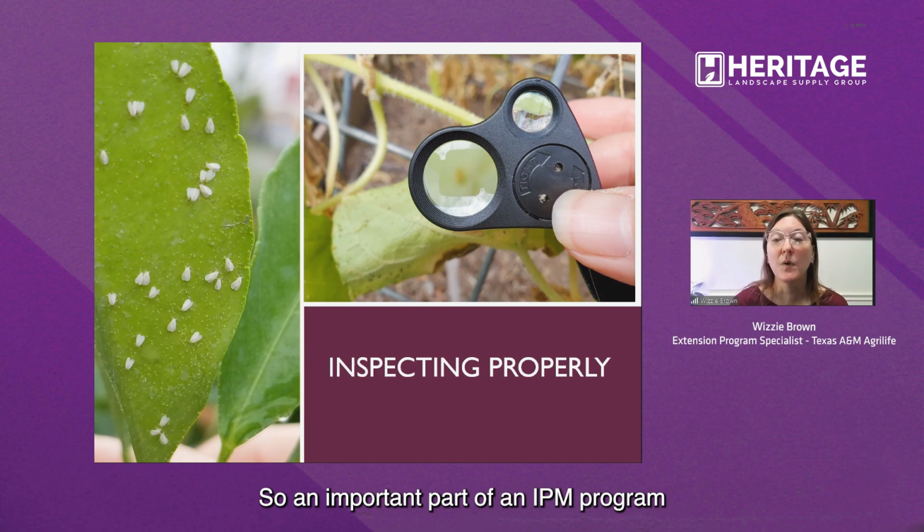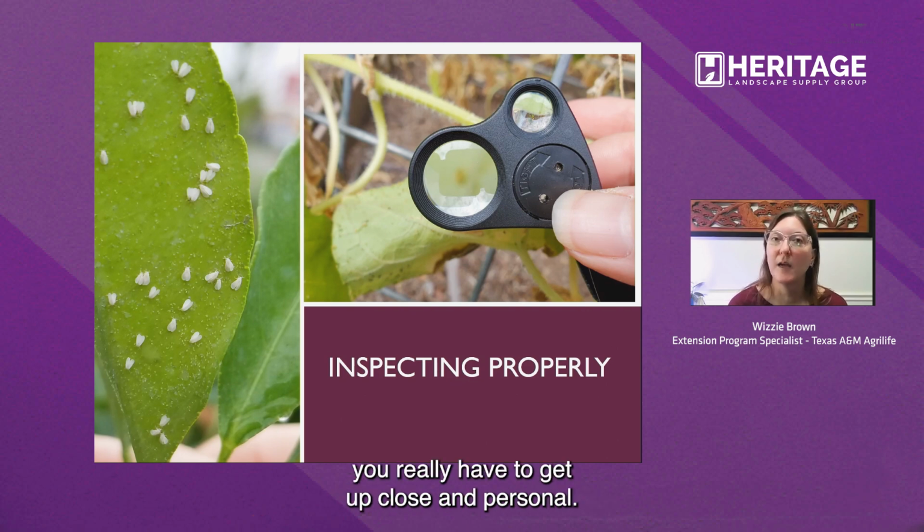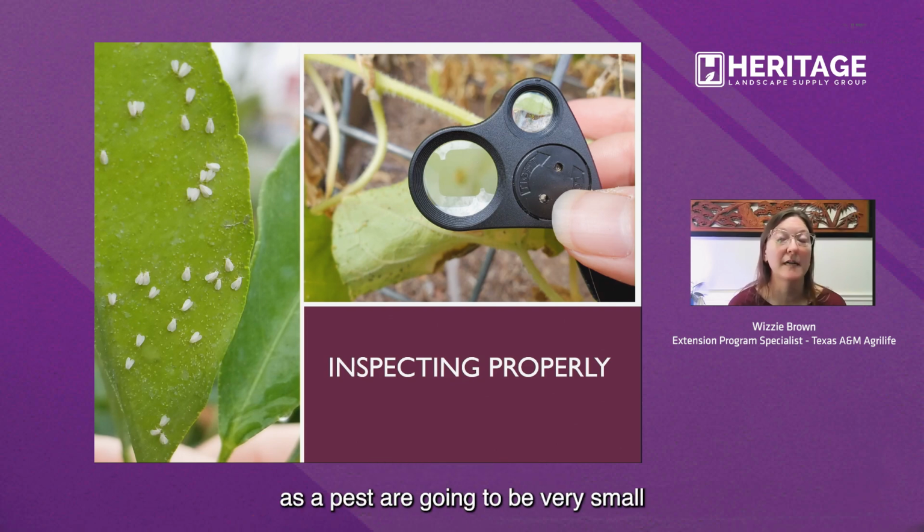An important part of an IPM program is inspecting properly. When you are inspecting, you really have to get up close and personal. A lot of these insects that you're looking for as a pest are going to be very small and or in hidden locations.